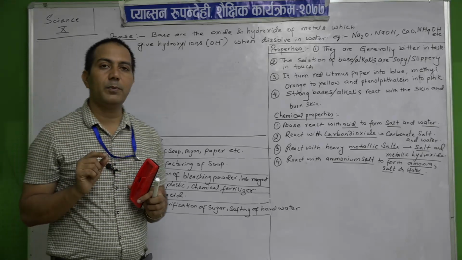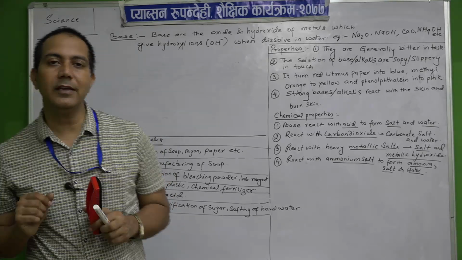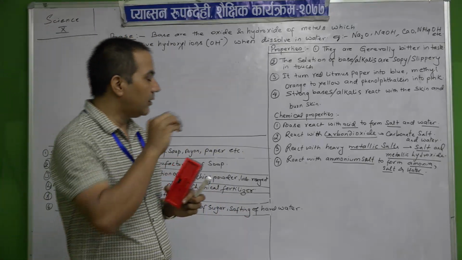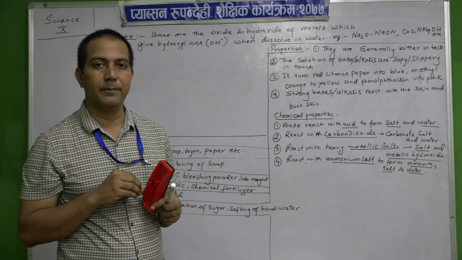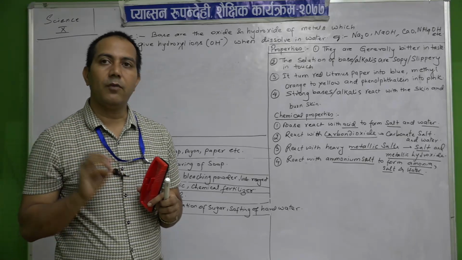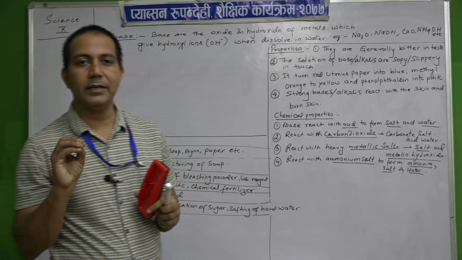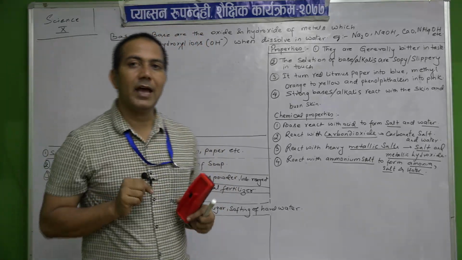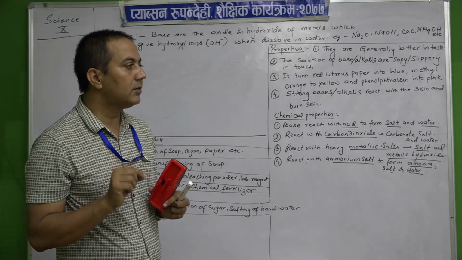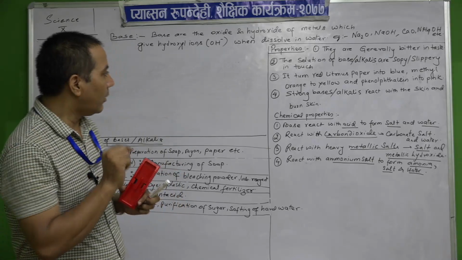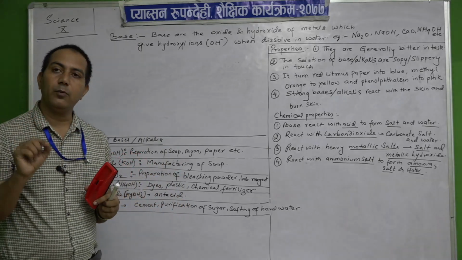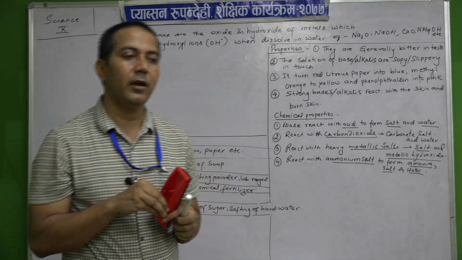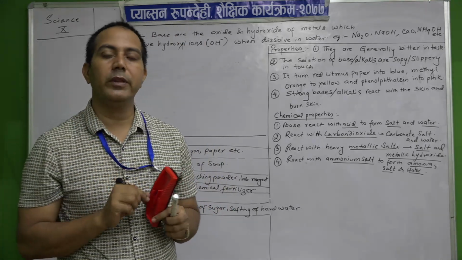The next property is that a red litmus paper, which is an indicator for testing the acidic or basic nature of a compound, turns blue when put in a base. This is another property of the base.